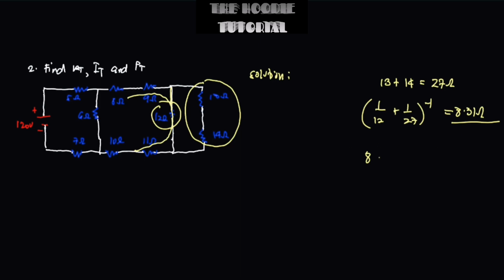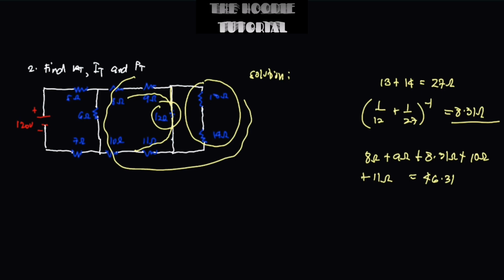So therefore we can just add all that up: 8 ohms plus 9 ohms plus this one, 8.31 ohms, plus this 10 ohms, and then also plus 11 ohms. So that will become unified into only one resistor, which is equal to 46.31 ohms.